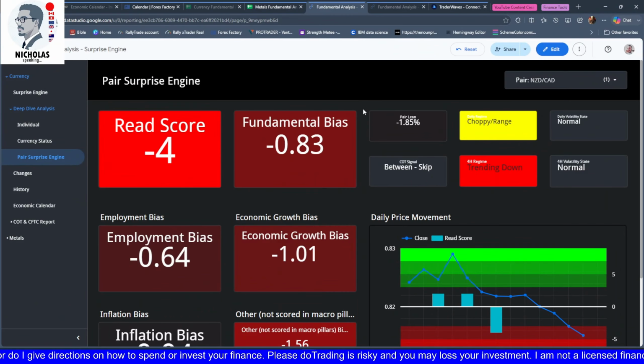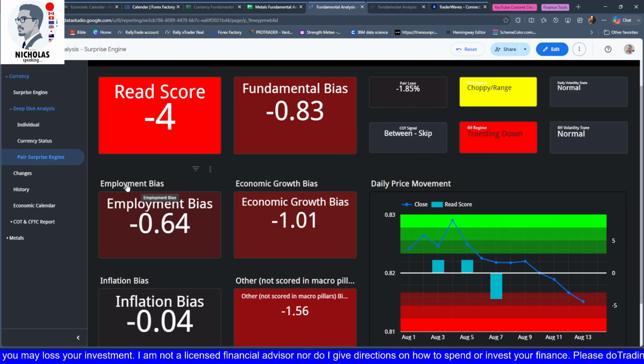So when you put both scores together, what do we get? Well, we get a fundamental bias of negative 8.3, which is very negative as you can see, and the COT pair is actually still negative. That's why the signal for COT is saying it's in between. I can skip looking at the COT data. The daily region is choppy, you can see the yellow bar, and the 4-hour region is to the downside, meaning this market has a choppy to bearish move.